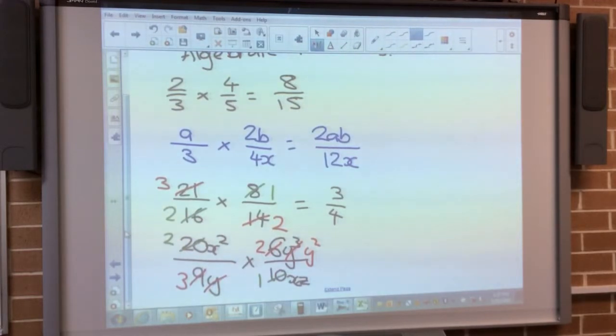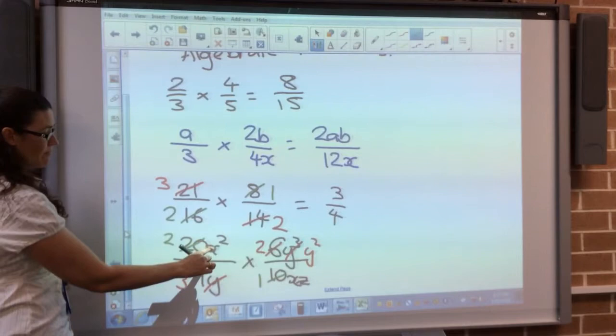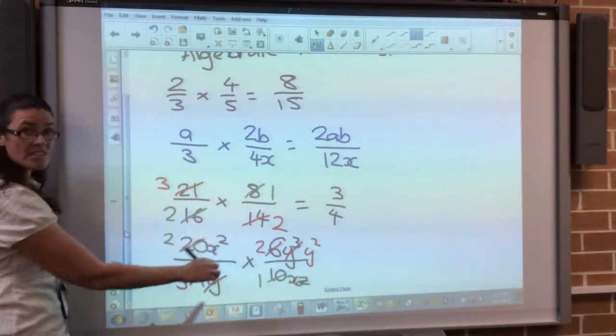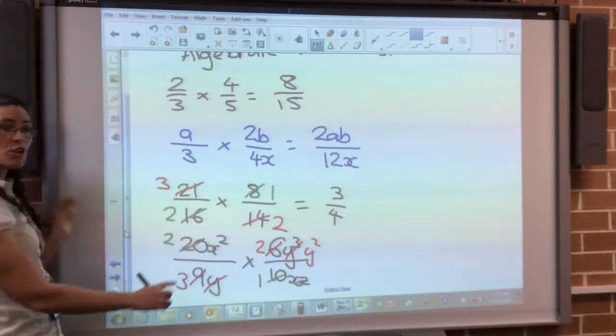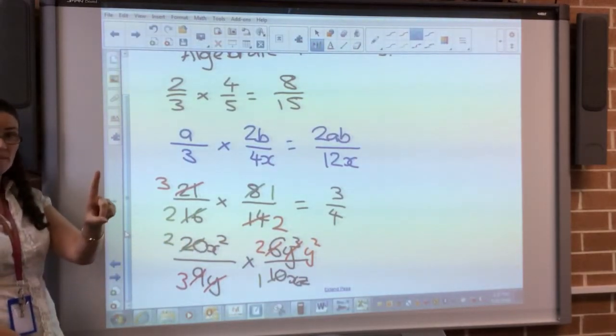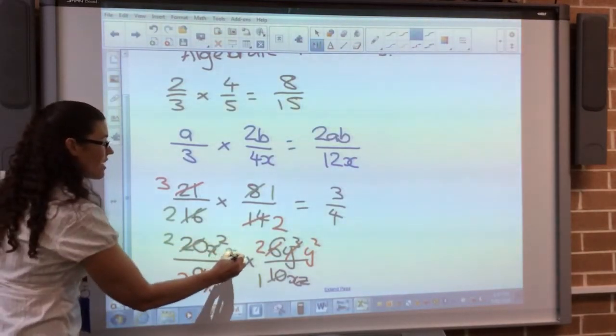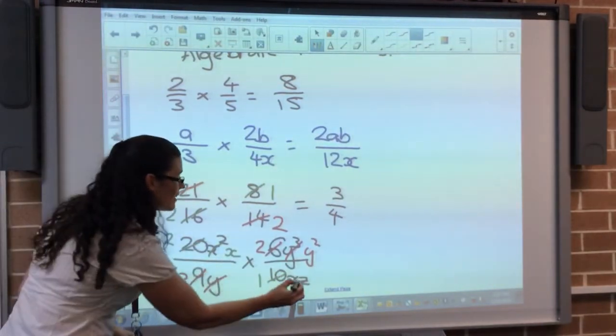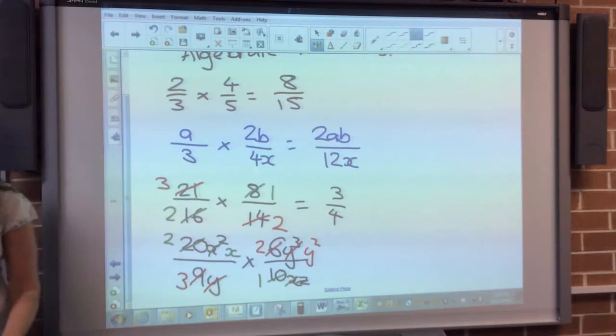Just 2x and then 1z. That's correct. So up here, this x squared, there's not going to be 2 of them anymore, there's only going to be 1. So it's not x squared, it's just x. Over here, instead of xz, the x is completely gone, and it's just a z.